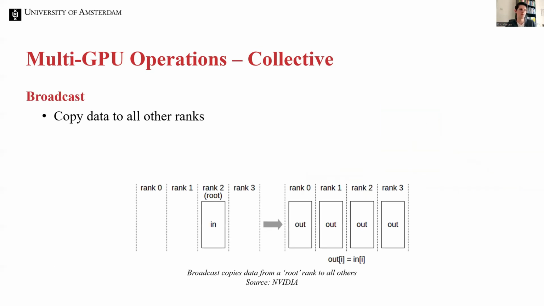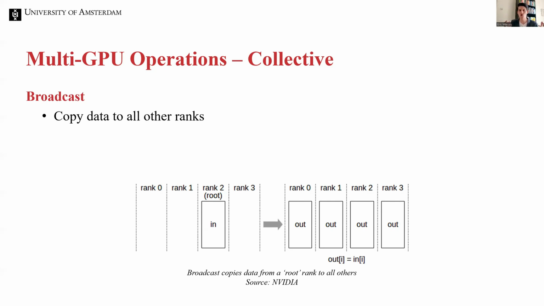Next one is broadcast. This one is used a lot. What does broadcast mean? Broadcast means we're going to take some piece of data and copy that piece of data to each of the ranks. In the image, you can see that the data is copied from a root rank.